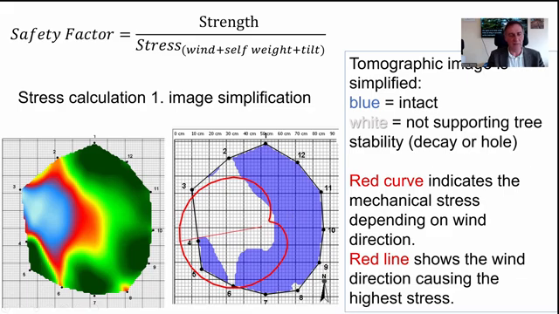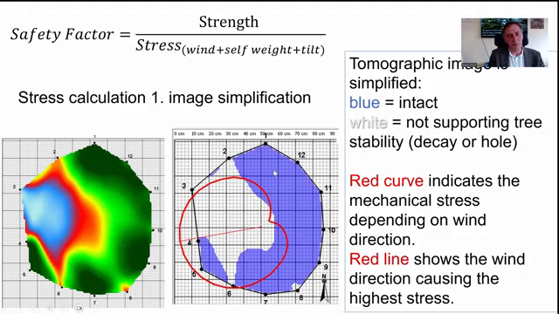So this is a critical wind direction. If you look at the remaining intact shape, it is clearly visible that this direction is critical because the remaining wall thickness is much less than perpendicular. Okay, so this is the first step.